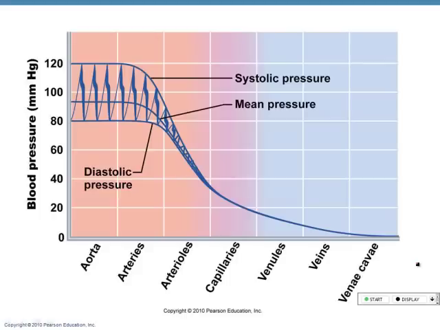So we can actually measure systolic and diastolic in, where do you measure blood pressure? In the arteries. Somebody was kind enough to use the proper region. What region is this? Brachial arteries, and we'll do that in lab. I highly suggest that you go and use your interactive physiology.